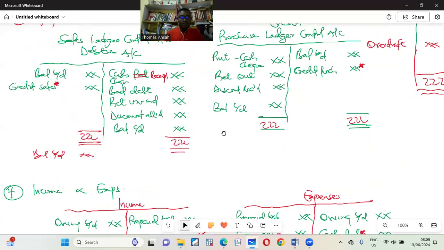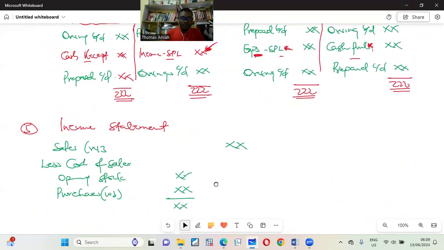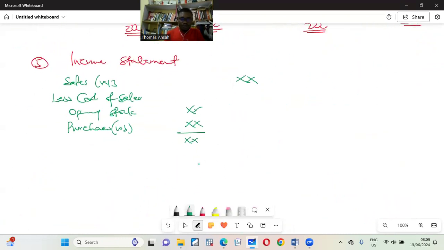But in terms of stock inventory, if there are drawings on stock, please don't forget, you less the drawings. Drawings on stock, all right? So once you less drawings, you get cost of goods available for sale.